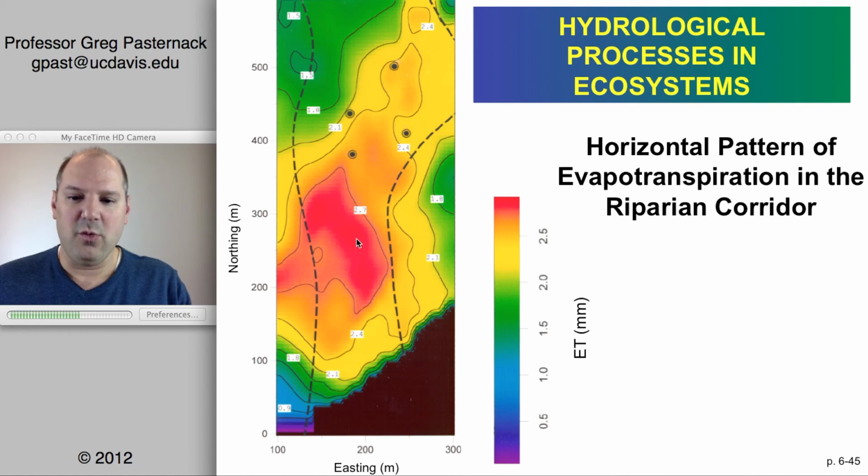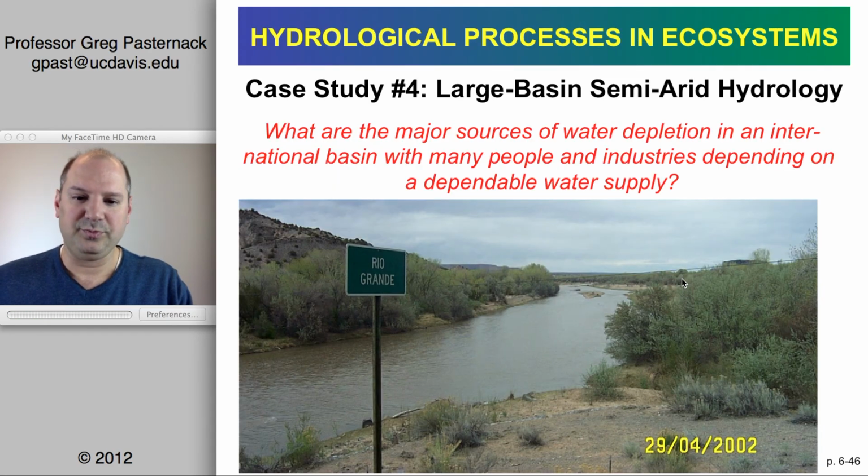So the reds here are more than 2.7 millimeters of evapotranspiration, probably per day. Well, no, that's way too low. That's probably per hour. And then you can see that there is a higher abundance overall in this canopy, and then it diminishes away from that. But you can see that even within the canopy, the rate of evapotranspiration does change.